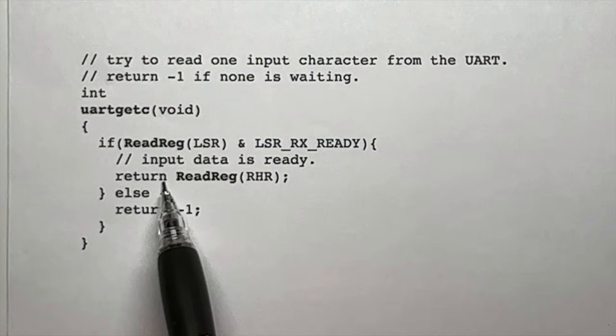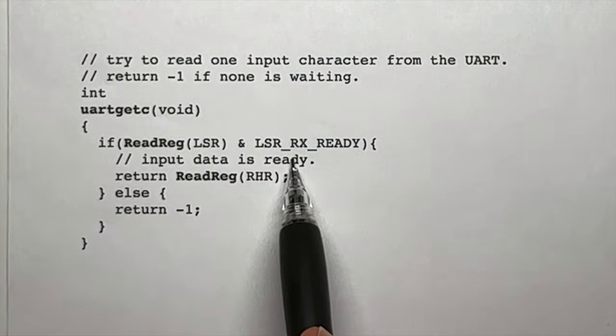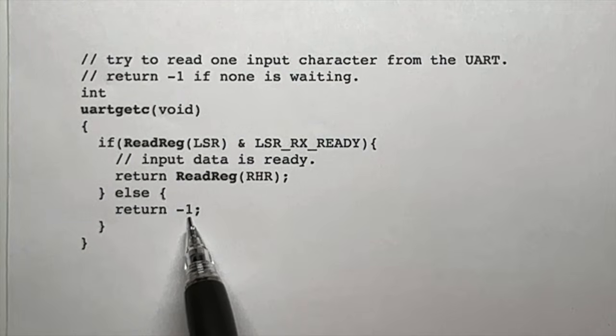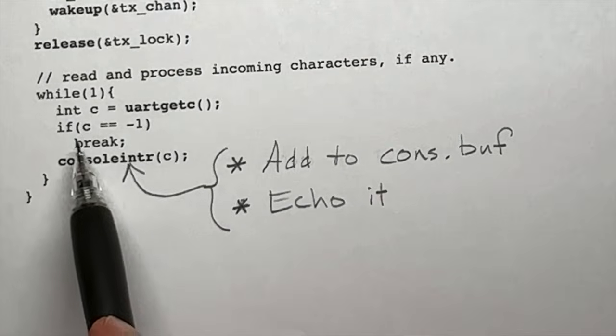The act of reading this register will clear the ready bit in the status register. Well, the chip has a FIFO queue for the input, so actually there might be another byte immediately ready to be read if there were several bytes sitting in the queue. But anyway, if the user has not typed anything and there was no byte there, we just return -1, which causes that read loop in the UART enter function to terminate.